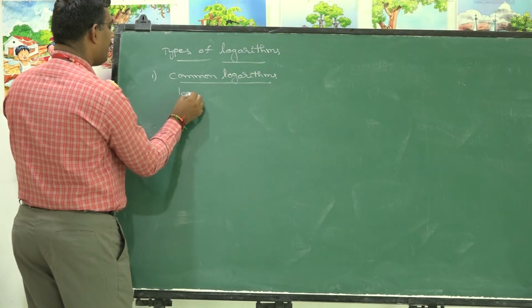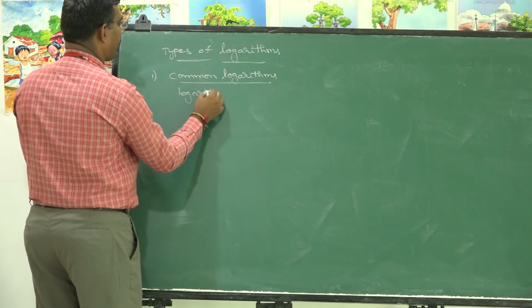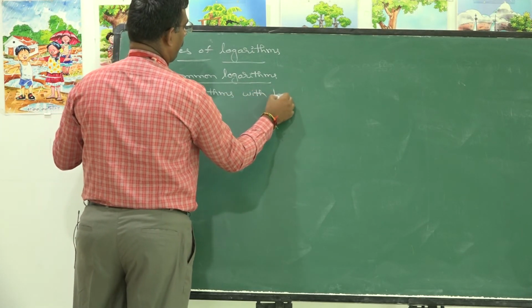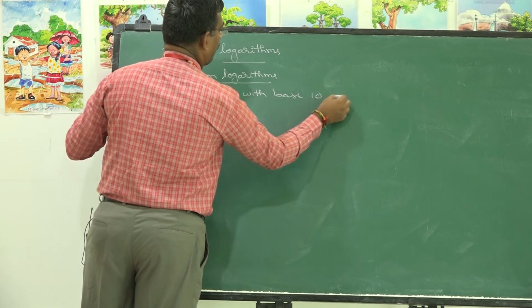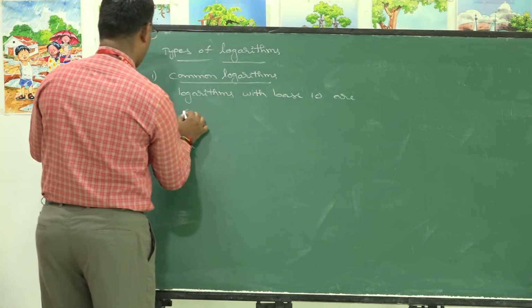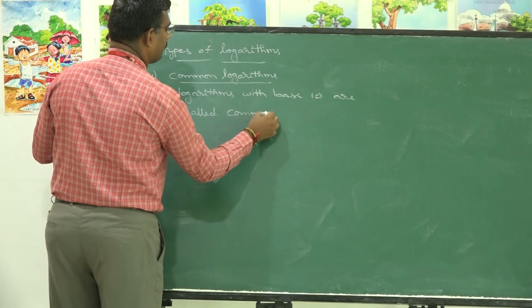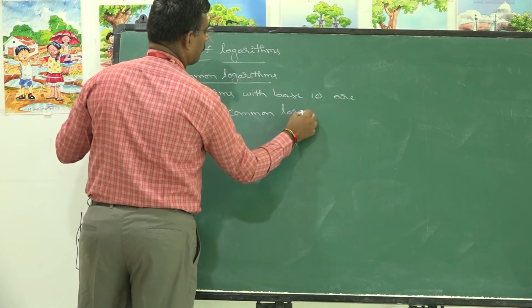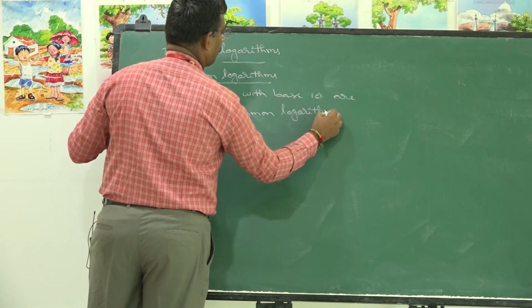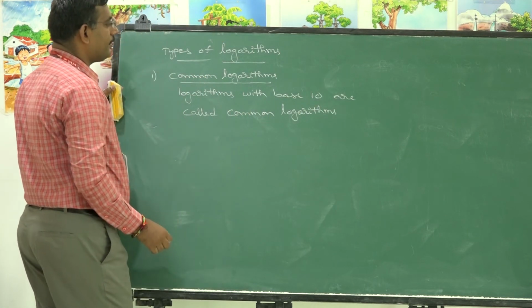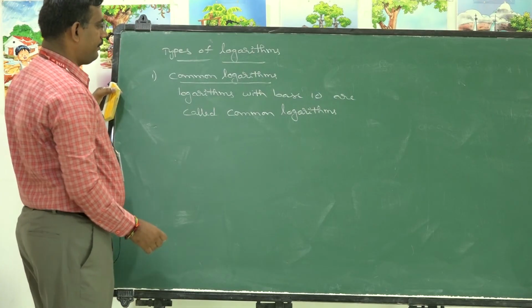Logarithms with base 10 are called common logarithms. Generally, we use common logarithms for arithmetic calculations.